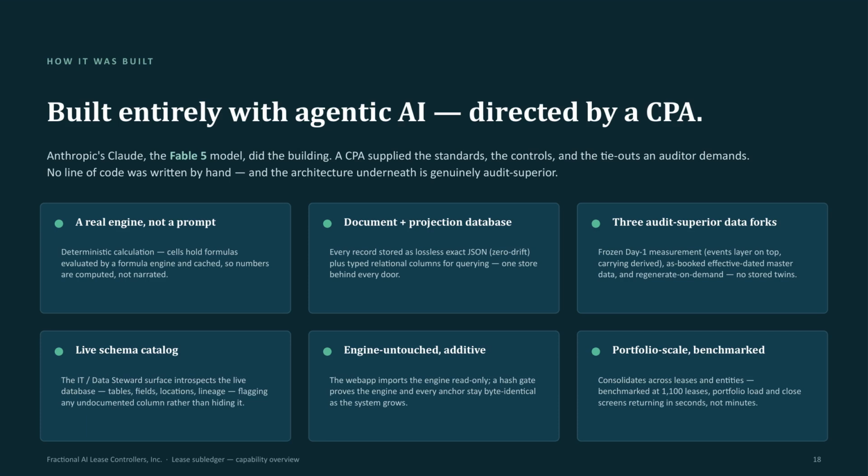Every record stored is lossless, exact JSON plus typed relational columns, and 3 audit superior data forks: frozen day 1 measurement, as booked effective dated master data, and regenerate on demand, with no stored twins. And it holds up at scale, benchmarked at 1,100 leases, with portfolio screens returning in seconds, not minutes.